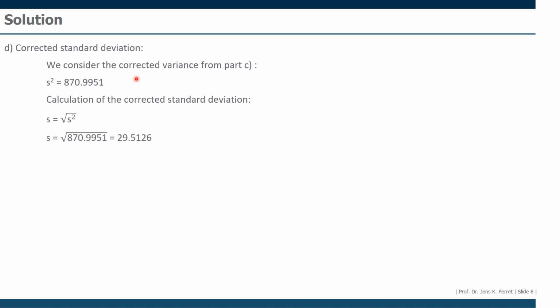If they could be the same or should be the same, as is the case here, then you can simply copy paste the variance from the previous exercise part. And usually it's the case that in the first part you need to calculate the variance, and then build on this, you calculate the standard deviation.